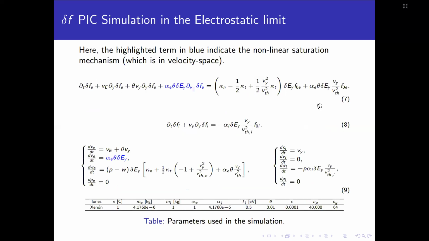These are the equations that I solve for the delta F particle in cell simulation of this problem. This is the equation for electrons, and this is the equation for ions. And these are the specific delta F particle in cell model equations that I will solve in the simulation. Note that in this group of equations, the only unknown is basically this perturbed electric field.